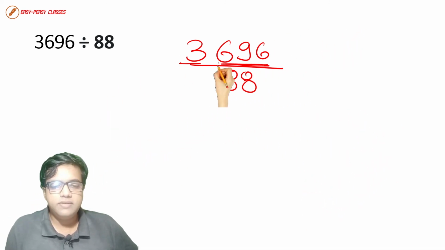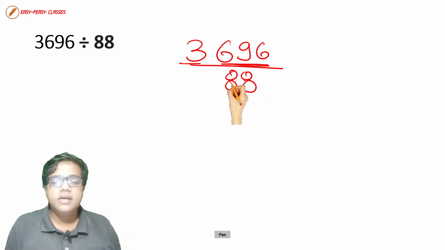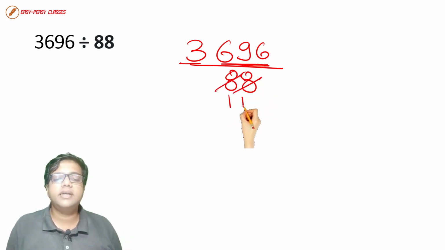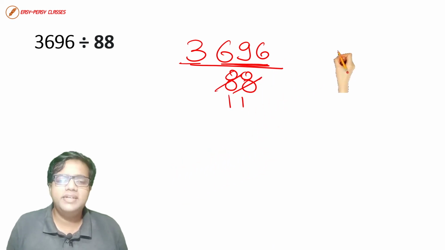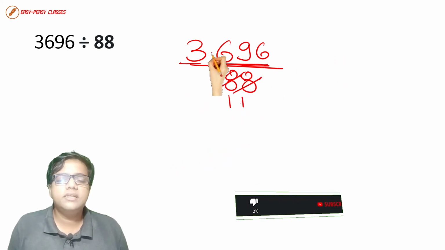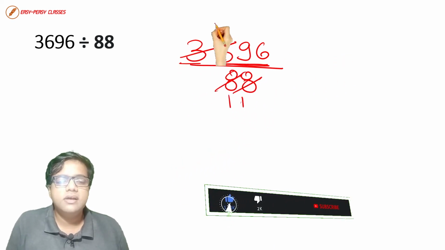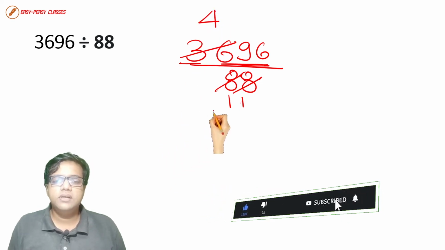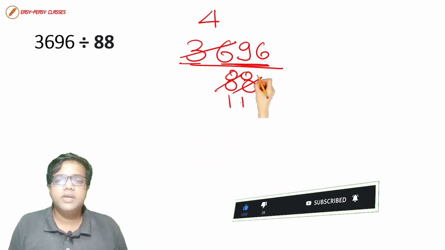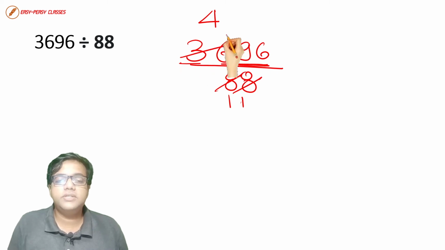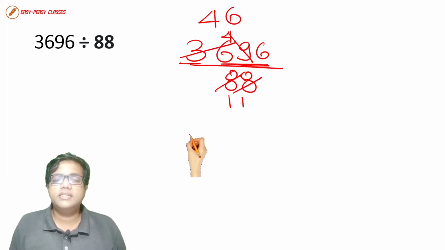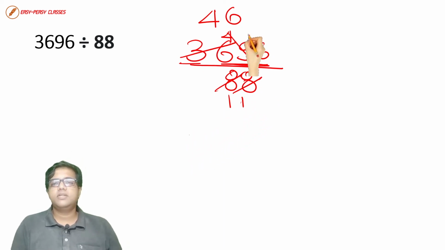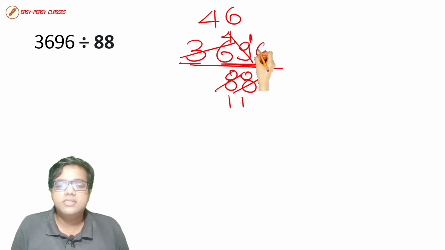So let's divide both the numbers with the help of 8. 8 1s are 8, or 8 11s is also 88. Okay, so 11 you get here as the answer. 36 is there. 8 4s are 32. 36 minus 32 will leave you a remainder of 4. 49 is there. 8 6s are 48. 49 minus 48 will leave you with remainder 1. 16 is the remainder here. 8 2s is 16.